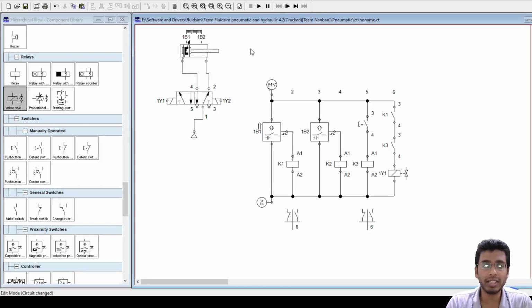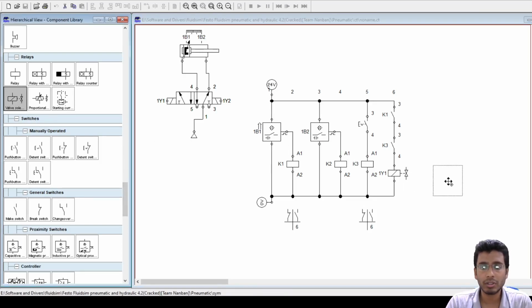The moment the cylinder reaches its completely extended position, my 1B2 proximity sensor would trigger, and that would energize my relay K2. Hence from K2 I will have to actuate my 1Y2 valve.